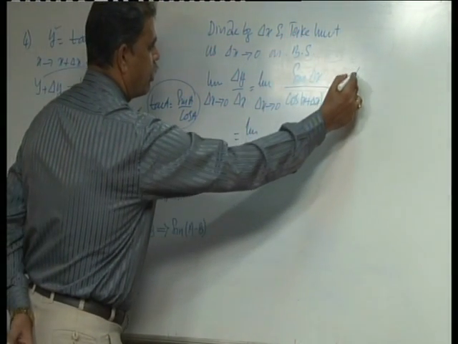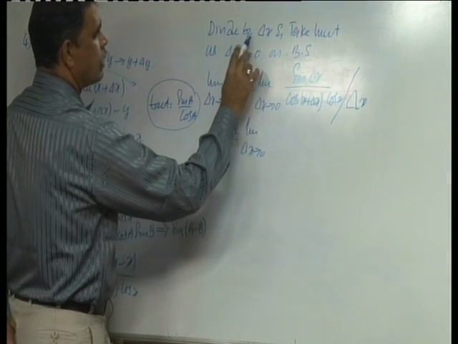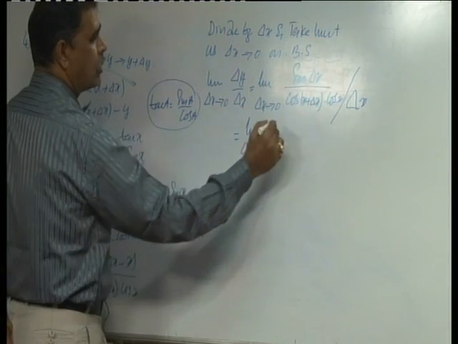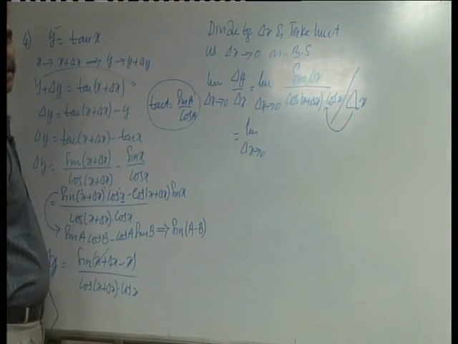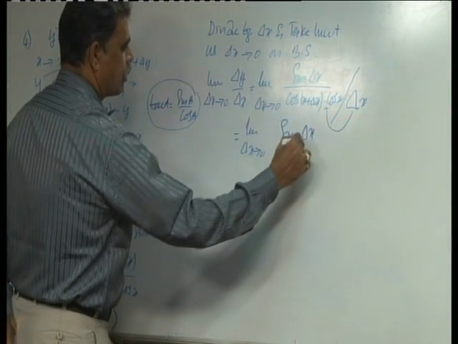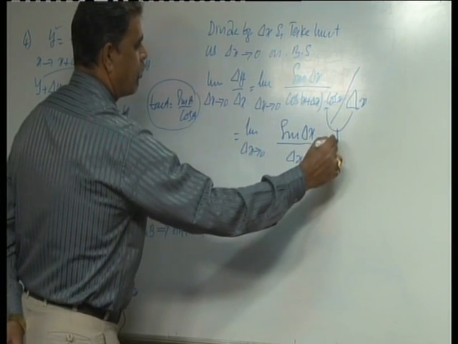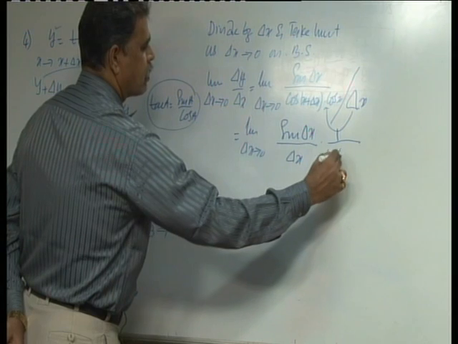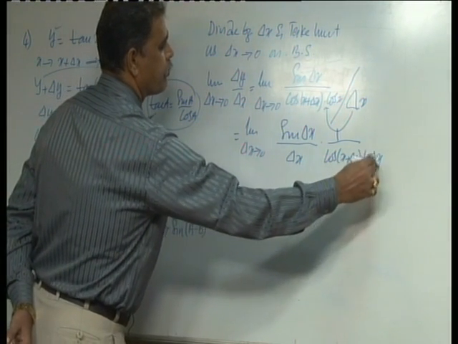I should divide the whole thing by delta x, because we have to divide by delta x on both sides. So this delta x goes to the denominator, then it can be altered like this only. I can take here 1 divided by cos of x plus delta x into cos x.